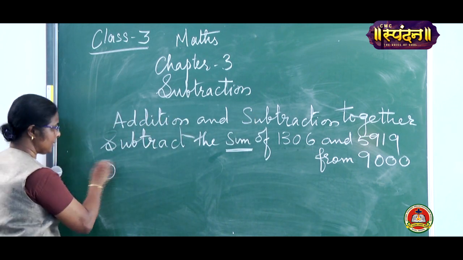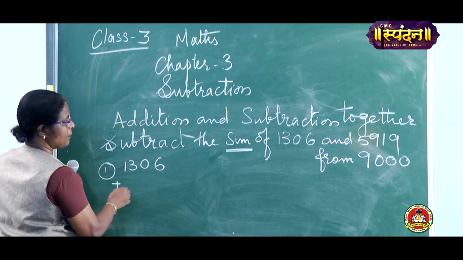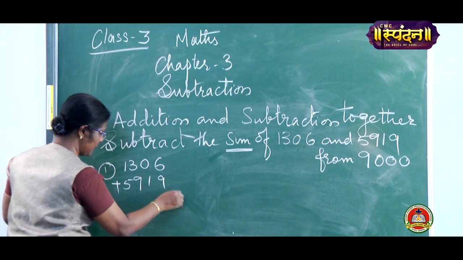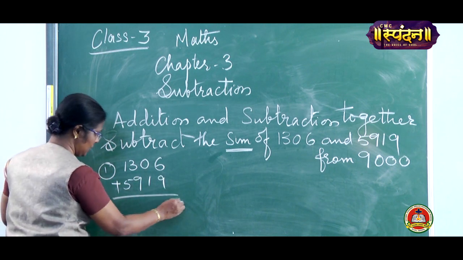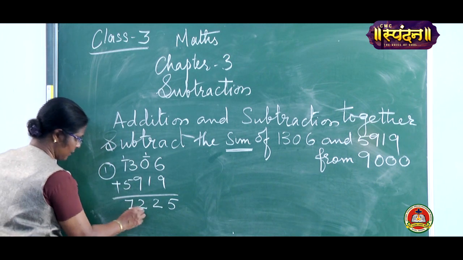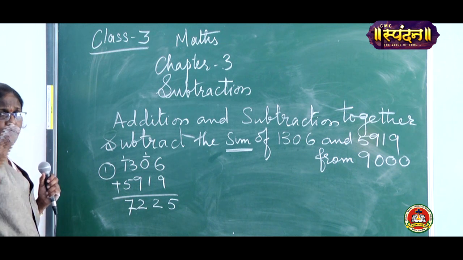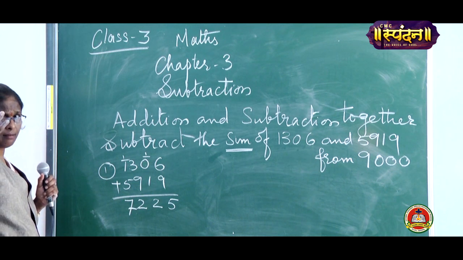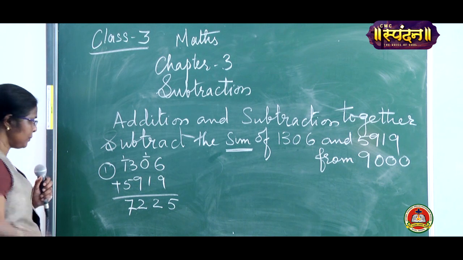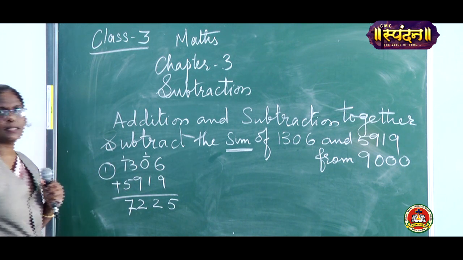The first step is adding these two numbers: 1306 plus 5919. 6 plus 9 is 15, carry over 1. 0 plus 1 plus 1 is 2. 3 plus 9 is 12, carry over 1. 1 plus 5 is 6, plus 1 is 7.